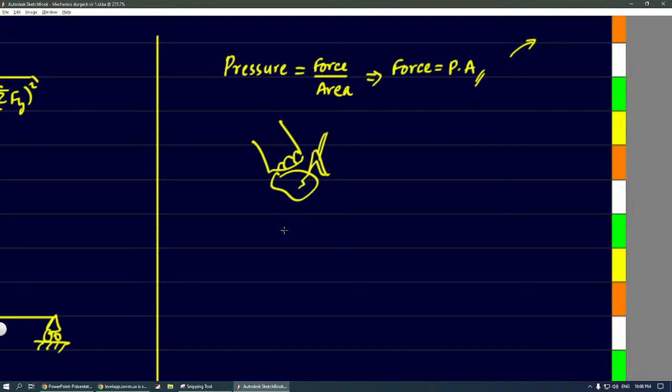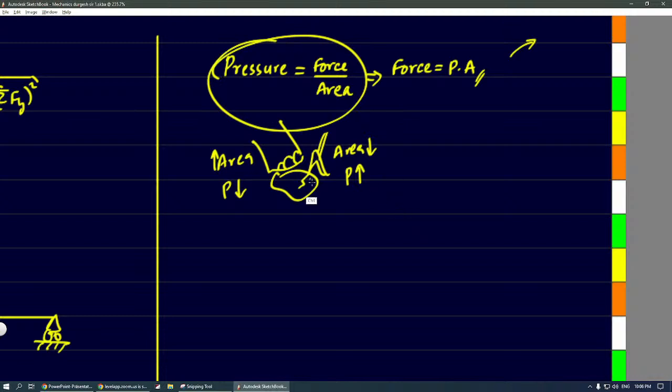Because area is low, pressure will go up. Whereas for the elephant's leg, even though the force is very high, the weight of the elephant is very high, here area is high. Because area is high, pressure will come down. This is the relation which helps us analyze this.